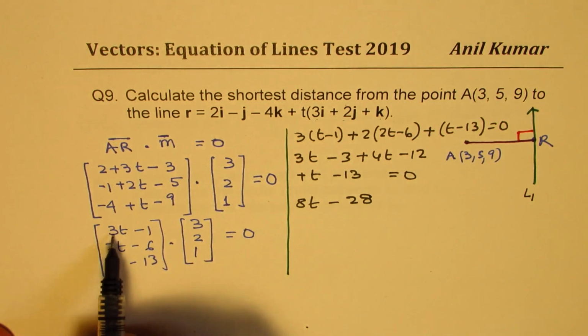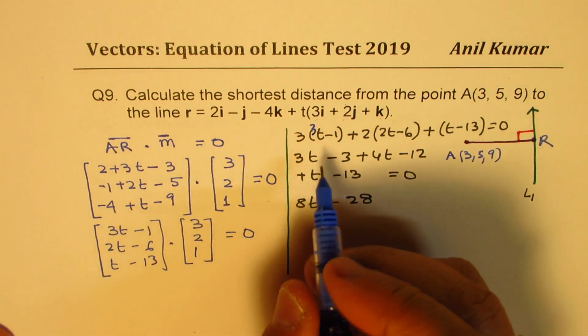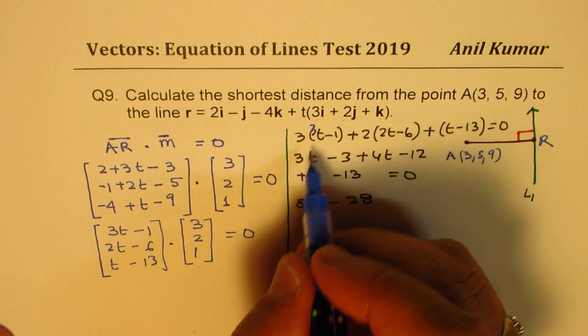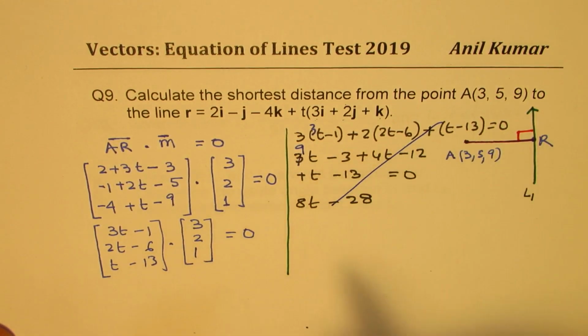Oh, we missed, this was 3t, I'm sorry. This was 3t, because otherwise we are getting fractions here. So this is 9. Okay, so let me redo this.